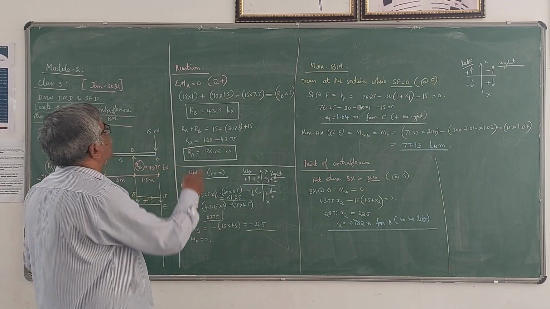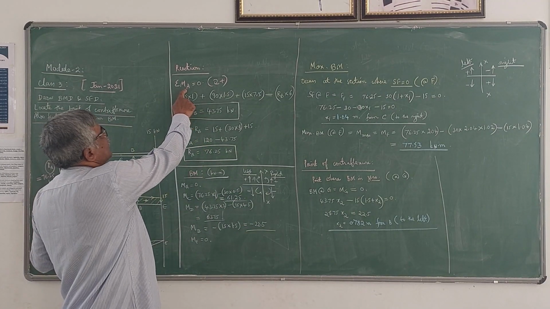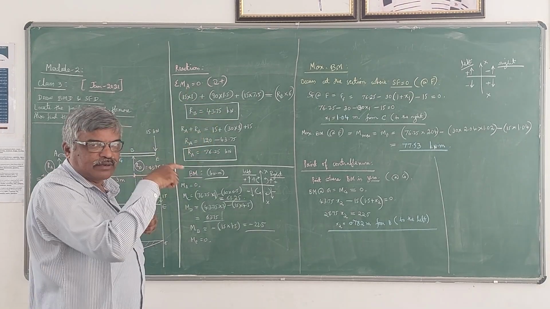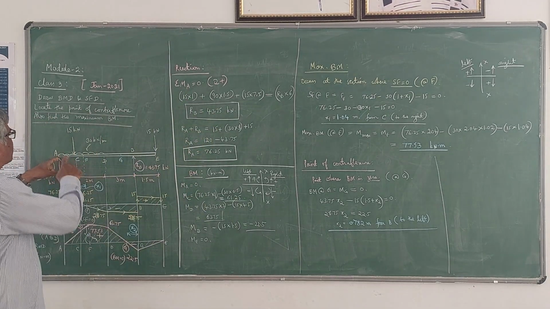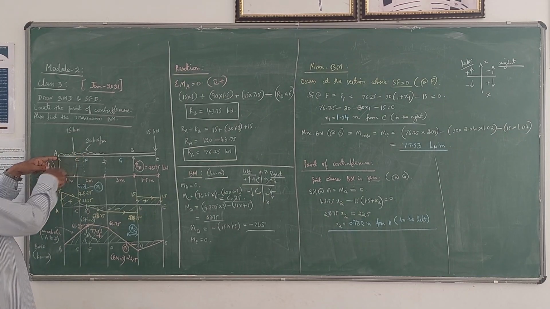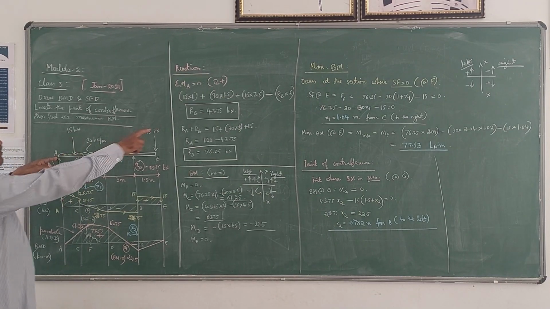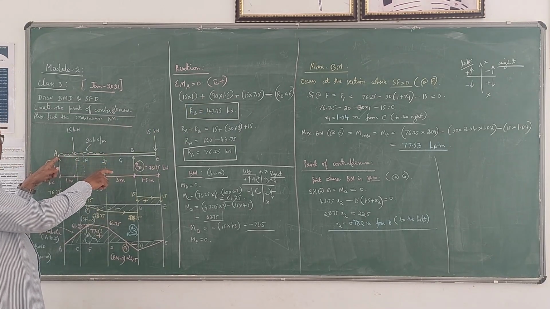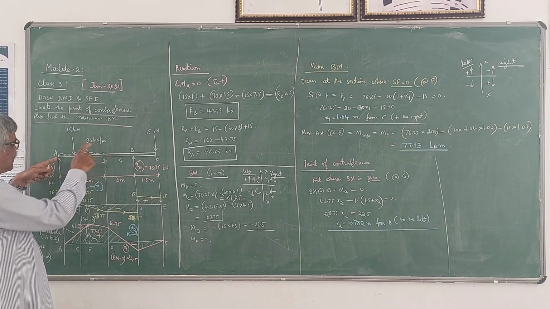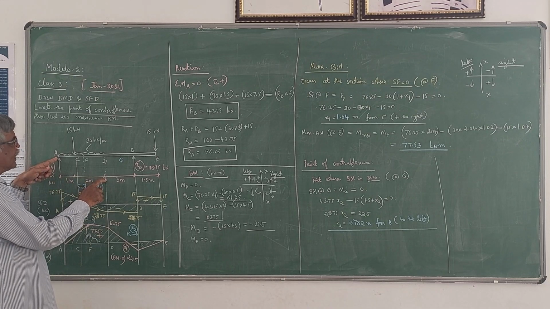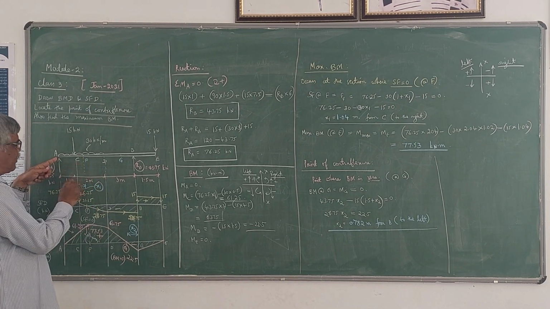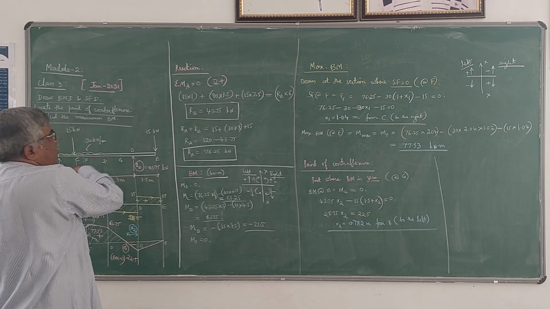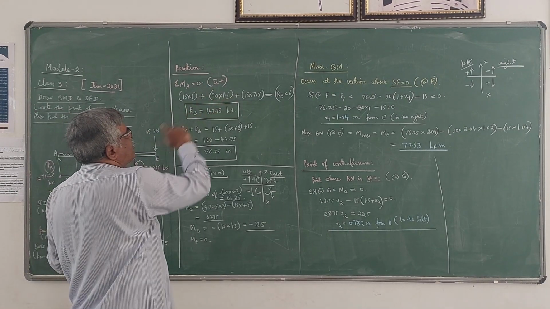Taking the moments of all forces about point A, this 15 kN gives a clockwise moment, that is 15 into 1, plus the UDL converted to a concentrated load, 30 into 3, which is 90. It acts at the midpoint, 1.5 meter from A, and also gives a clockwise moment. So plus 90 into 1.5.